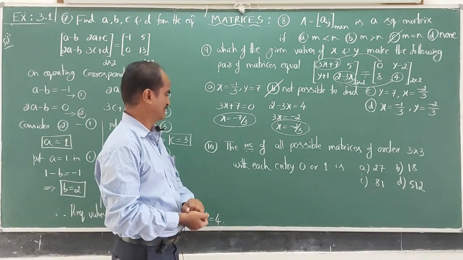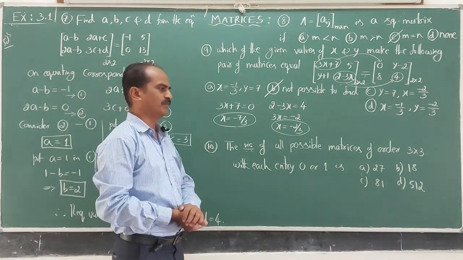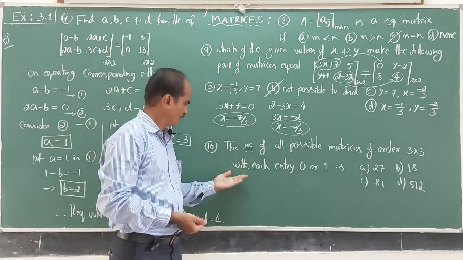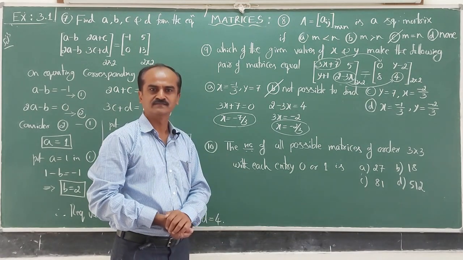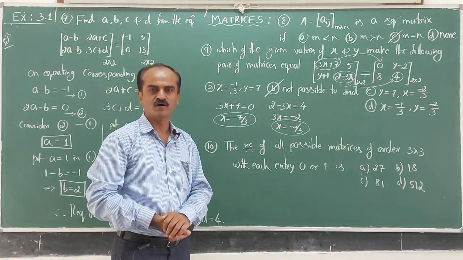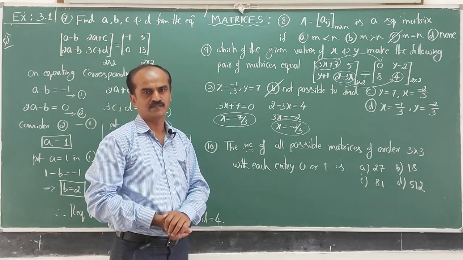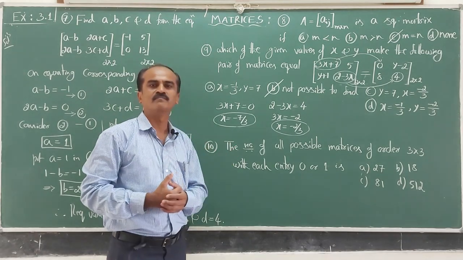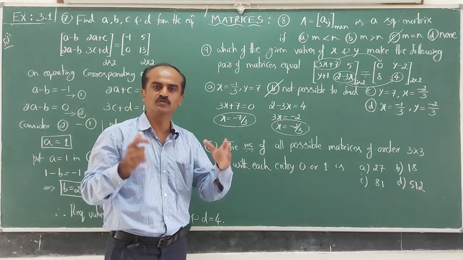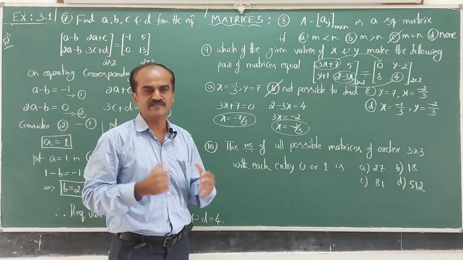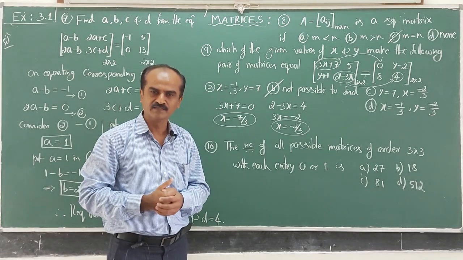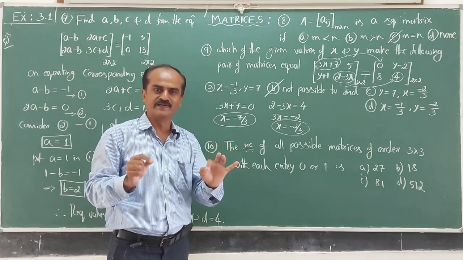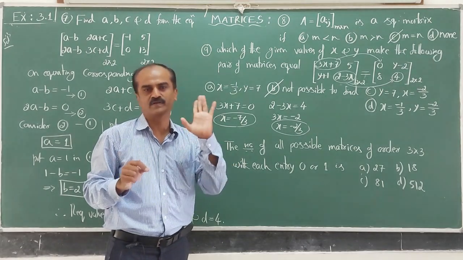Finally, the number of all possible matrices of order 3 by 3 with each entry either 0 or 1. It is quite interesting one. They are asking how many matrices exist, that too of order 3 by 3, means square matrix of order 3, with a restriction that whose elements must be either 0 or 1.